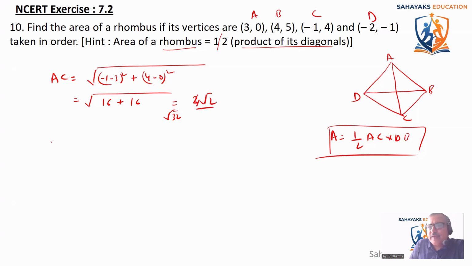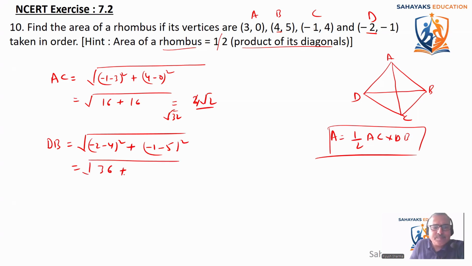Okay, now we have to find DB. What is DB? DB is equal to the square root of (-2 minus 4) whole square plus (-1 minus 5) whole square. So what's the value? It just comes as 6 square, so it comes out to be 36, plus this is also 6 square, 36.